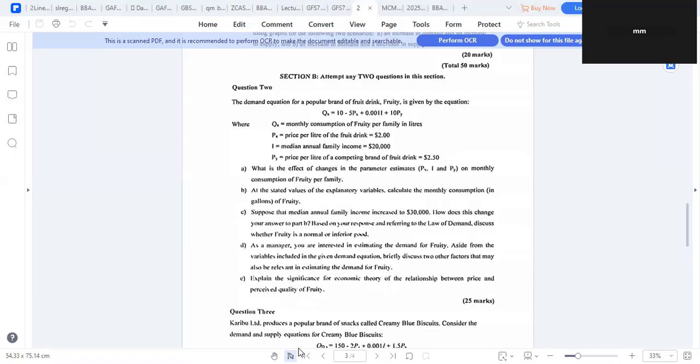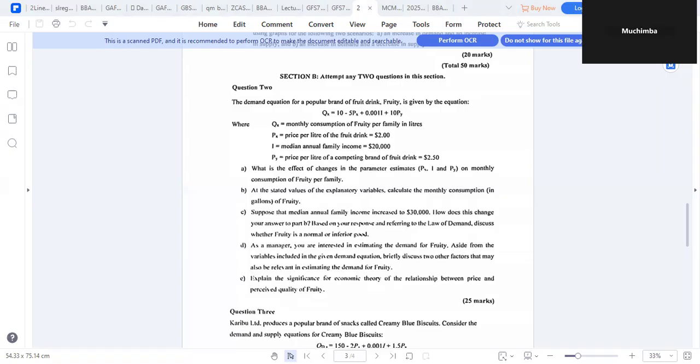So we substitute with the values. What have we been given? The value of PX has been given, the value of I, income, has been given, and the value of PY. So if we substitute in there, we will get the total value. But also, you need to understand the interpretation of the gradients there.